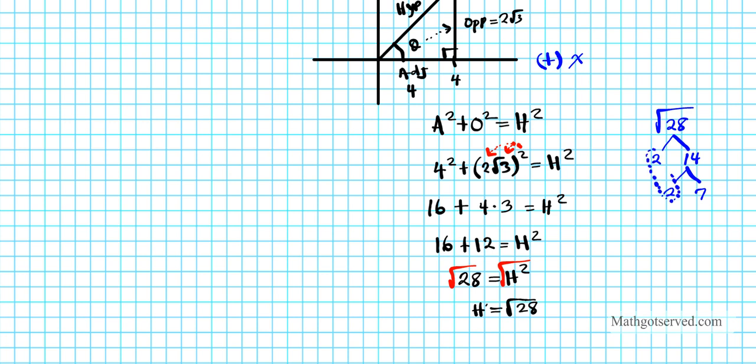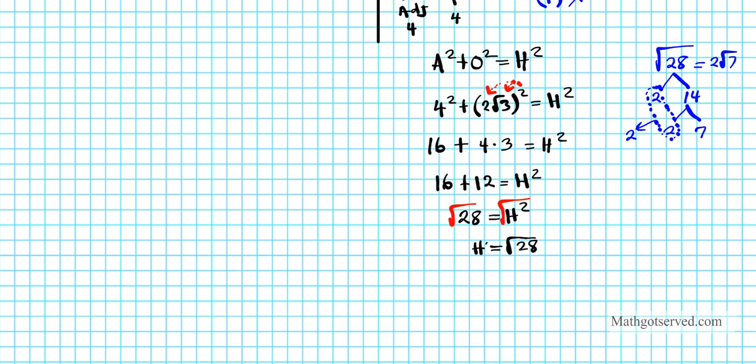So the square root of 4 is 2. So these two 2's come out as a 2. So root 28 can be simplified into 2 root 7. Alright, so there goes your value for H. Okay, so H is going to be 2 root 7.